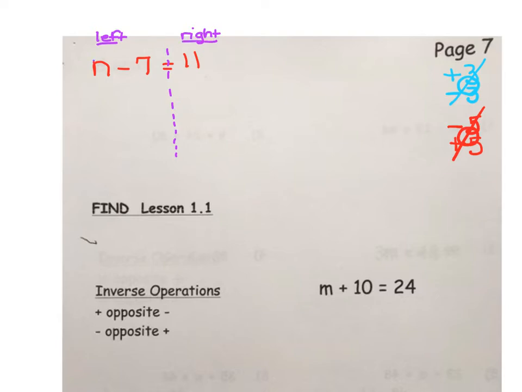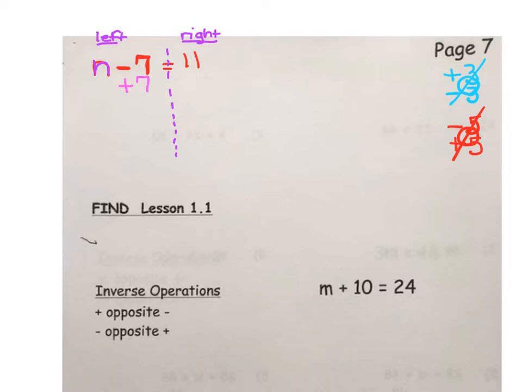We know our job is to isolate the variable. In order to do that, we have to get rid of the minus 7. We need to zero out that term or eliminate that term. We're going to do that by adding 7 to the left side of the equation.